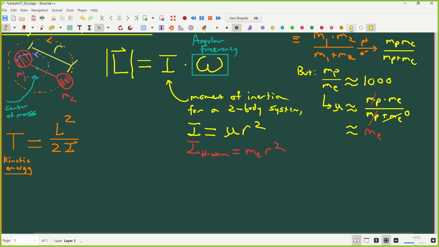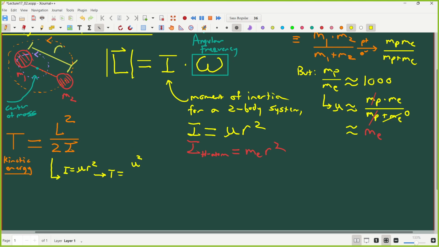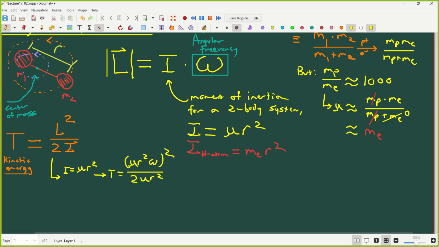Okay, and I kind of justified why this is the case: if you let I equal mu r squared, then angular momentum is mu r squared omega, and this is all squared, divided by 2I, which is mu r squared. And what you end up getting is 1/2 I omega squared.